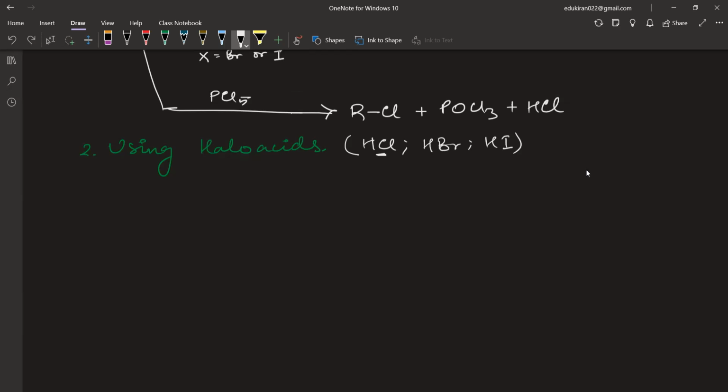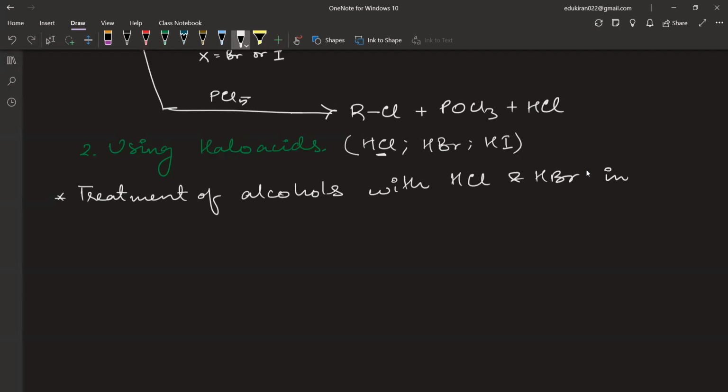Please write. Treatment of alcohols with HCl and HBr.